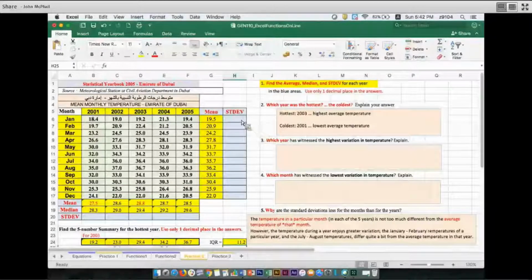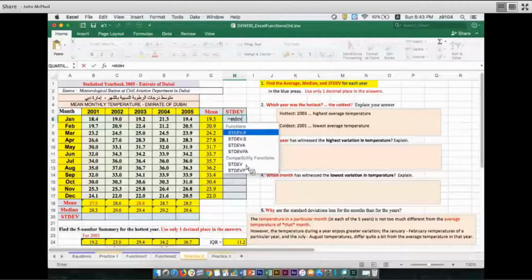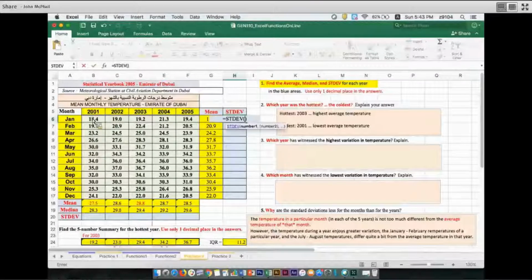We're almost finished. At this point, we want the standard deviation. The standard deviation for January, the months of January in each of the 5 years. Begin typing the standard deviation function. This is the one we're looking for. Give it the 5 pieces of data.